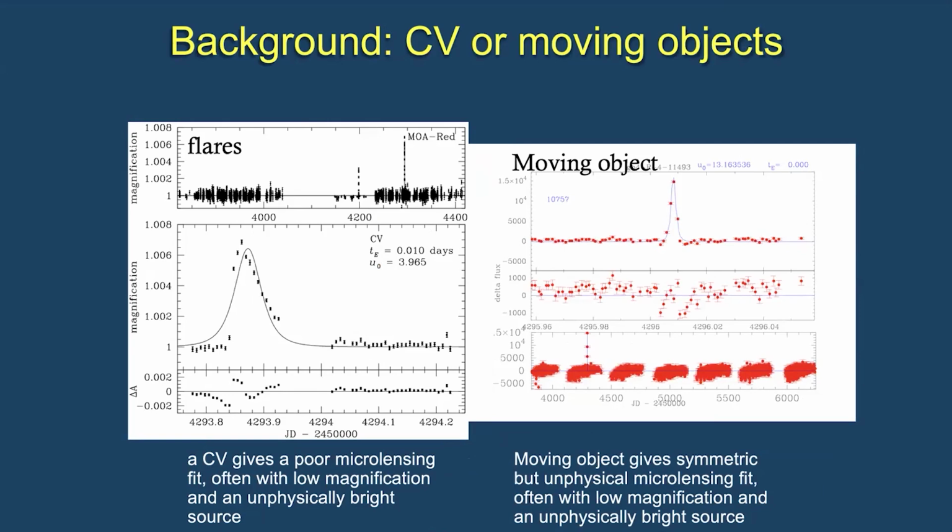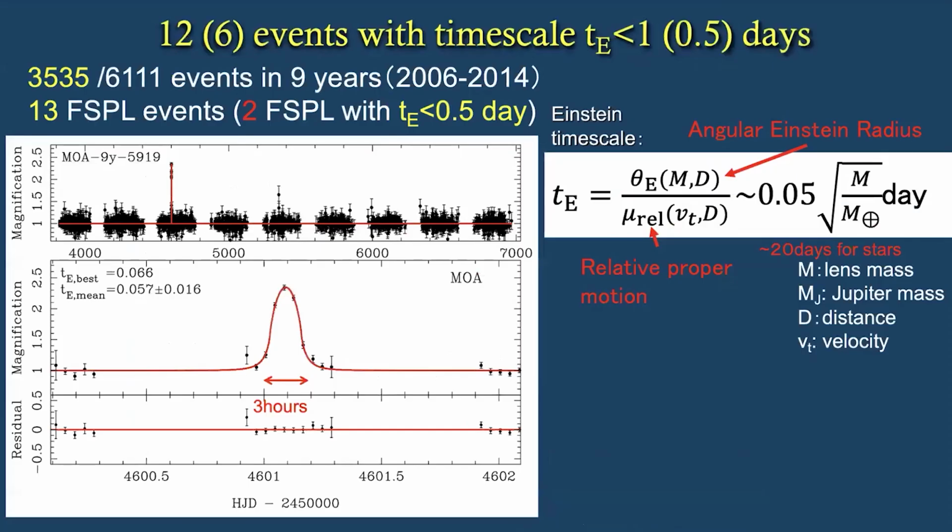Another significant artifact is moving objects. If we do photometry at a fixed position for a new object and that object is moving, it creates this kind of asymmetric light curve with a short timescale. This also gives us physical microlensing parameters, so we can remove these objects.